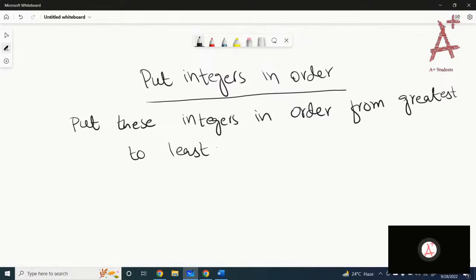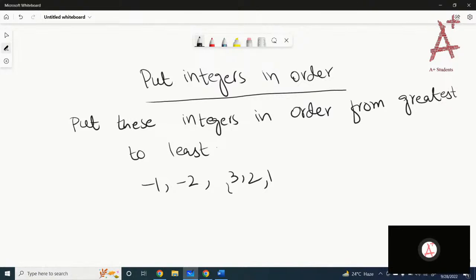So let's start with the numbers. The numbers are -1, -2, 3, 2, 1. So you're given 5 numbers, and you have to arrange them from greatest to least. Got it? Okay. So which number is the greatest one? Make sure to keep this important point in mind: positive numbers are always greater than the negative ones.